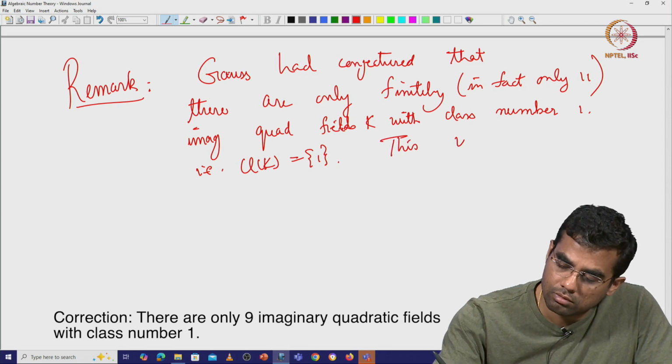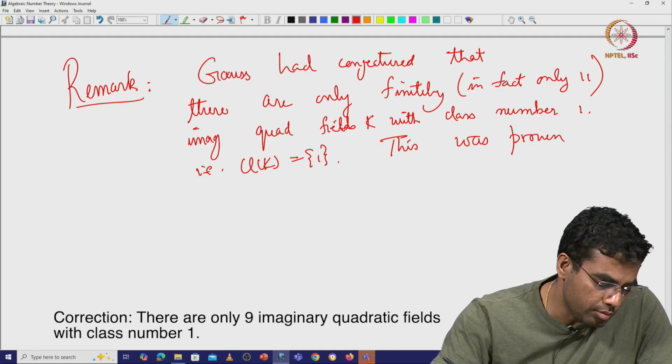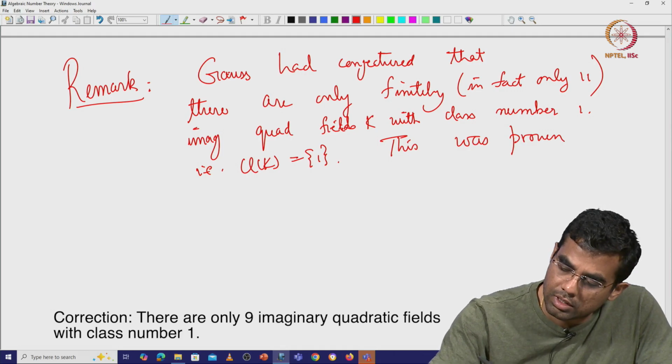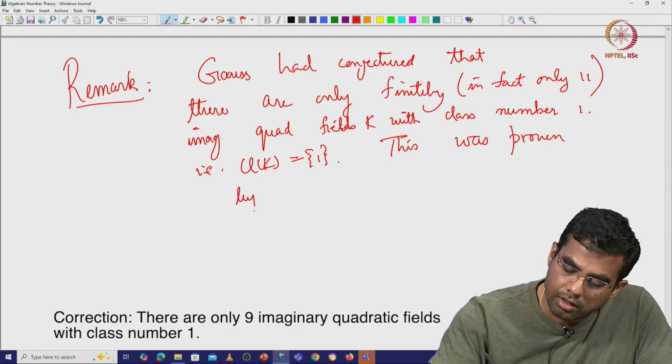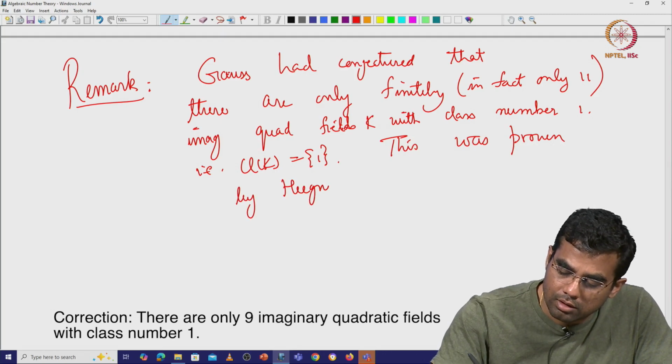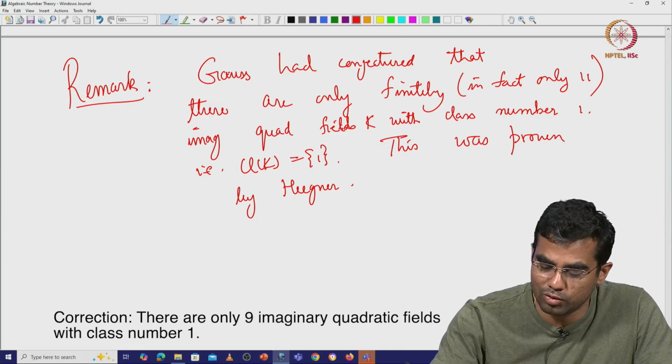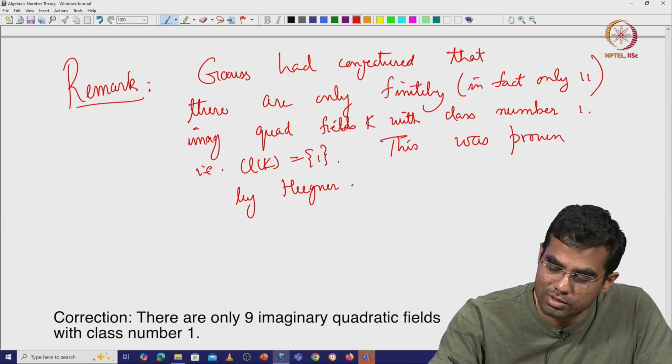This was proven by a number of people, but there were some weaker results, and this was essentially proven completely by Heegner. Heegner was a school teacher who was interested in mathematics, and he proved this conjecture of Gauss in maybe, I think, the 1950s.